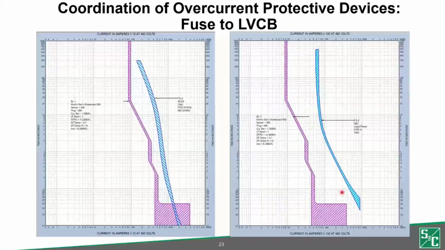Now the transformer would limit the fault current on its low voltage side, from the impedance of the transformer, and that's where you get this split in the fault current. Through fault current is less on the low voltage side than the higher, so you can get this nicely coordinated setup between the medium voltage and low voltage side of these two in the system.